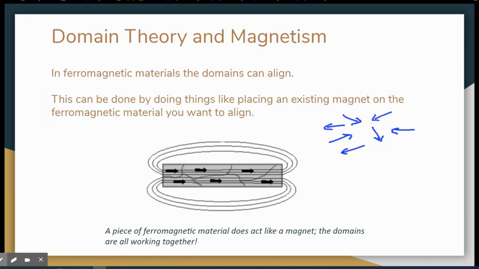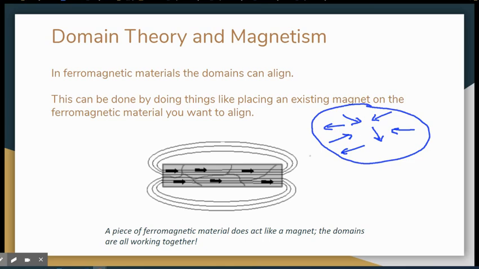Well, these cars all crash. Nobody ends up going anywhere. It's like a big smash up derby. They're not working together. That would be a ferromagnetic material like a piece of iron that isn't acting as a magnet because of the domains. On the other hand, if we can influence these things and say, hey, listen, everybody point your cars in one direction.